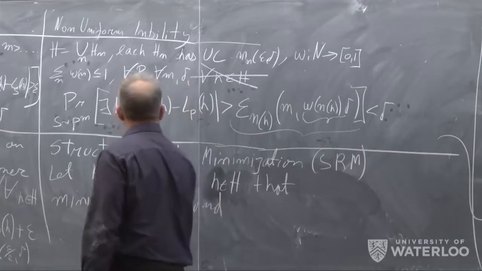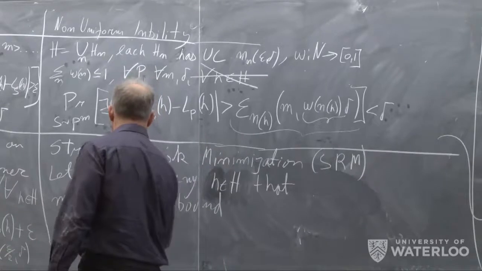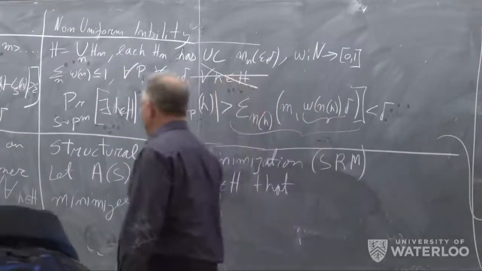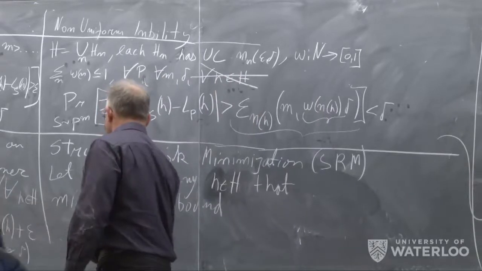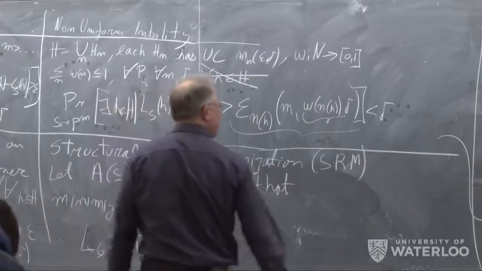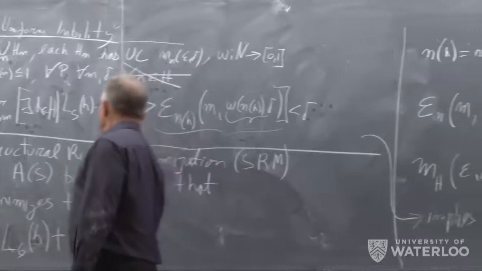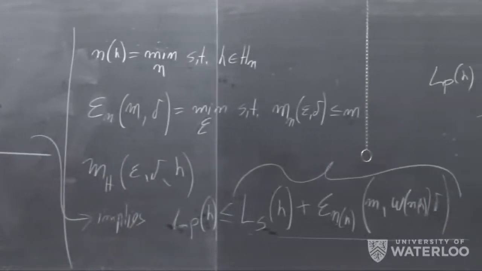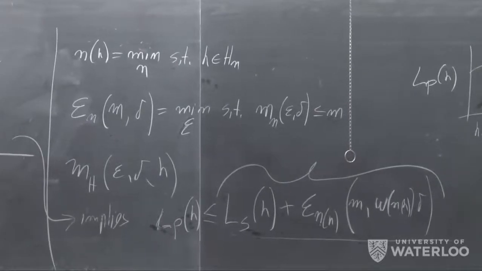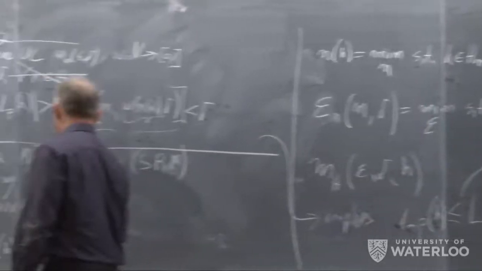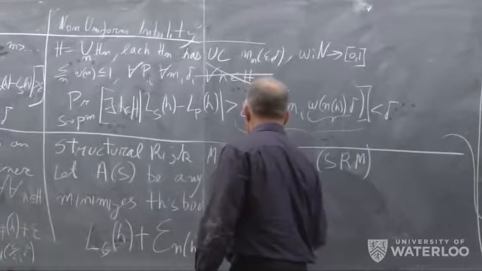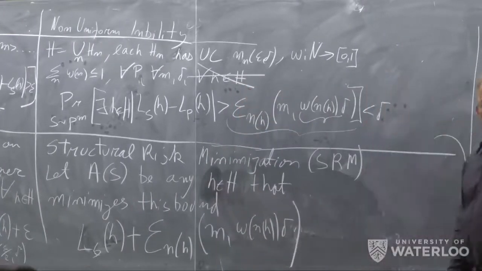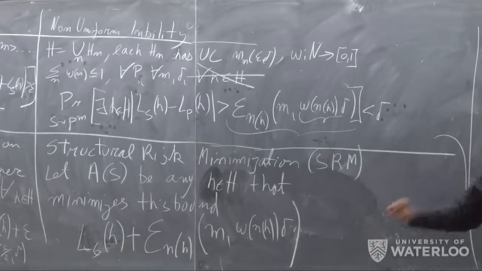Right? So I want to minimize this bound here. I want to minimize L_S of h plus this epsilon of N of h, m, and w of N of h times delta. This is going to be my algorithm.